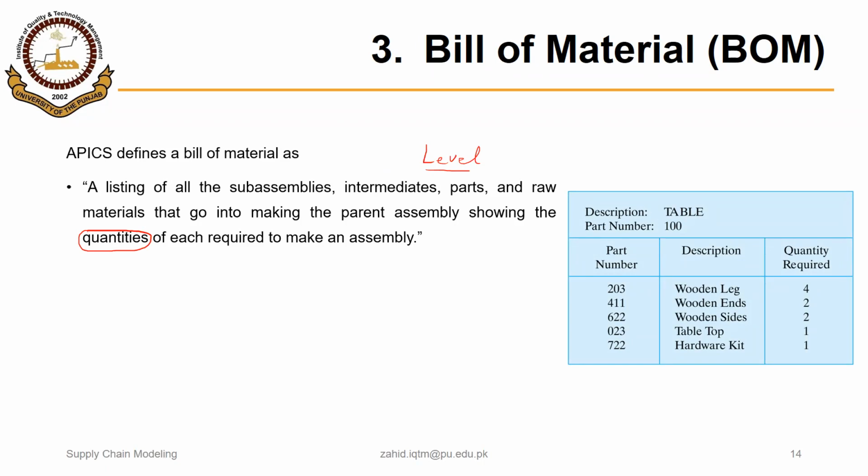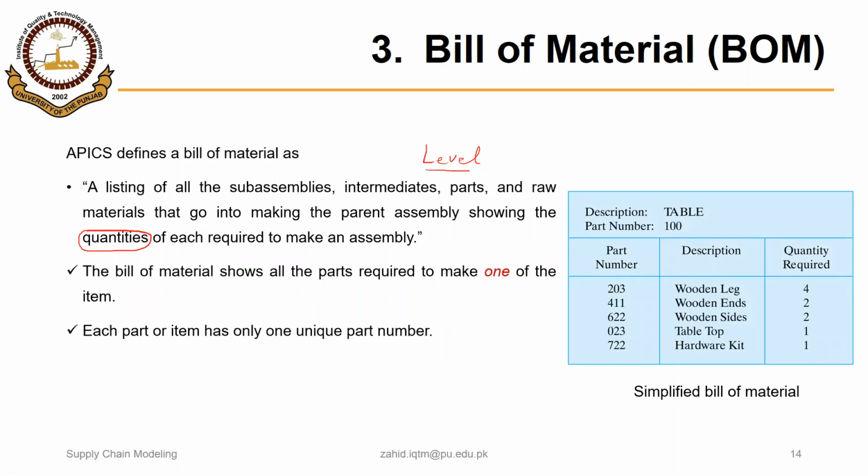So in manufacturing sequence, actually at what level that sub-assembly or component will be required. The bill of material shows all the parts that are required to make one final product.